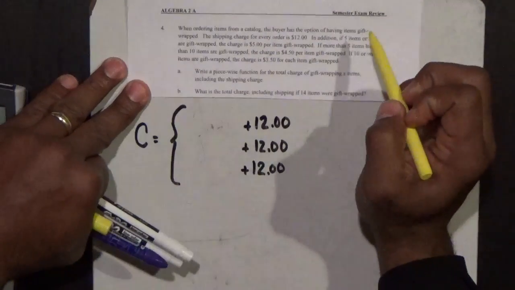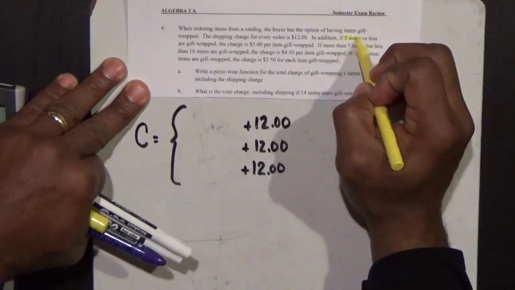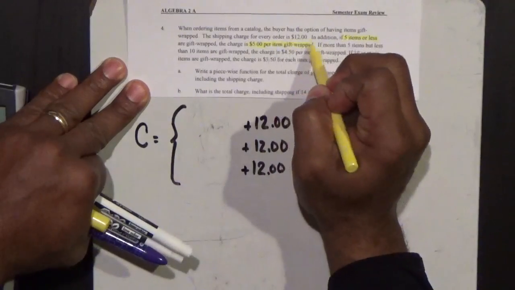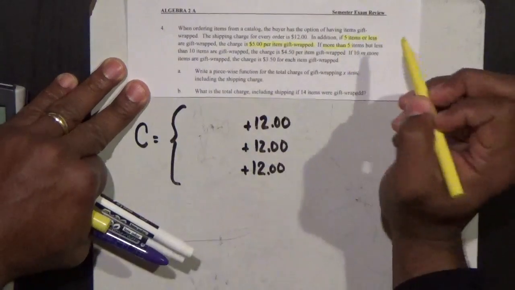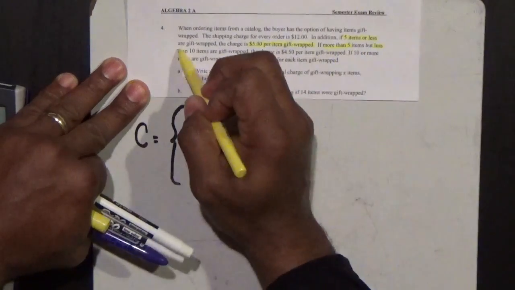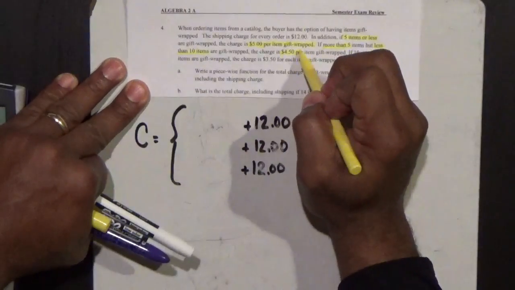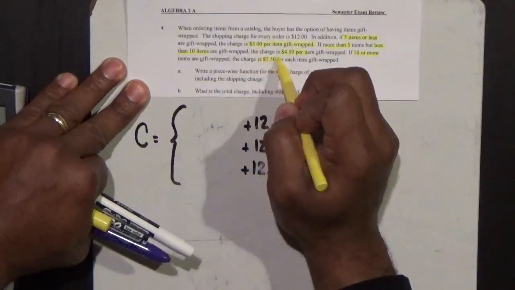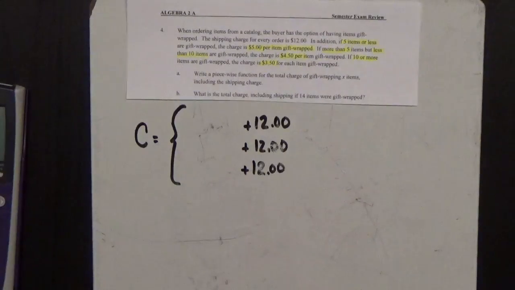If 5 items or less is one situation, you're paying $5 per item gift wrap. If it's more than 5 items but less than 10 items, that sounds like a between, we're going to pay $4.50. And if 10 or more, we're going to pay $3.50. So kind of highlight the information that we need in the problem. So let's go ahead and see if we can get this done.